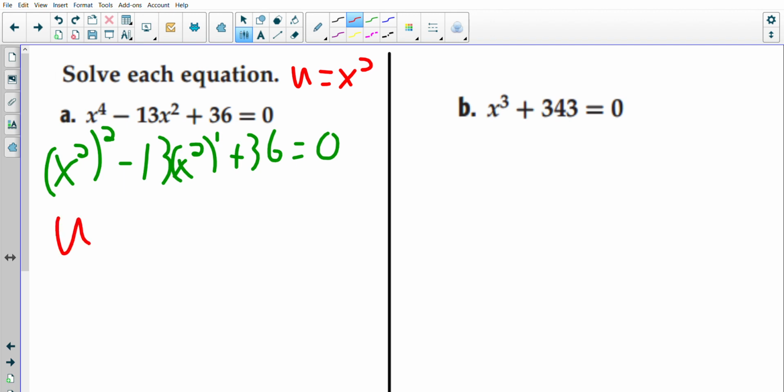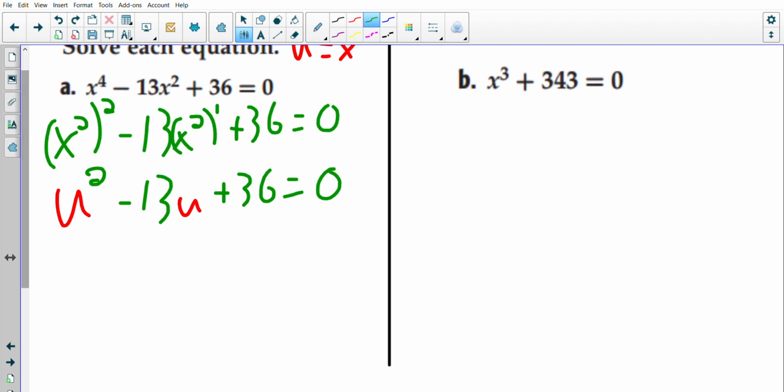So u squared minus 13u plus 36 is equal to 0. Now, I recognize this trinomial. I can factor it, u minus 9 times u minus 4.